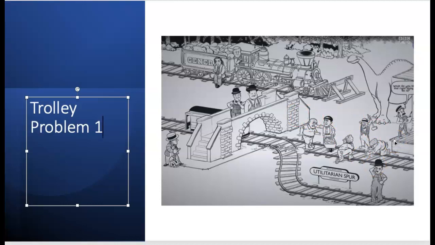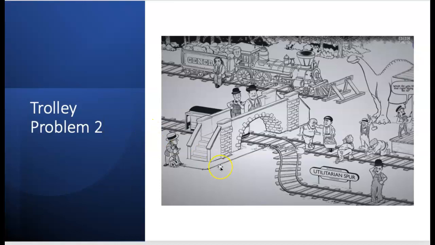You can get them to think really carefully about that, put down a reason, and then we will move on to trolley problem number 2. In trolley problem number 2, we're going to keep the same scenario but change it just slightly. We're going to say that these 5 guys over here are actually life-term prisoners who've committed terrible crimes. You can be as imaginative as you like.